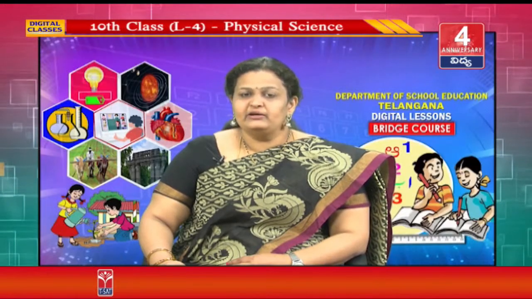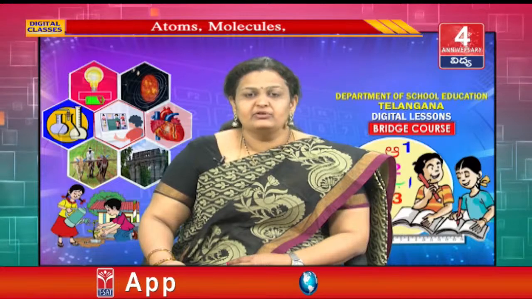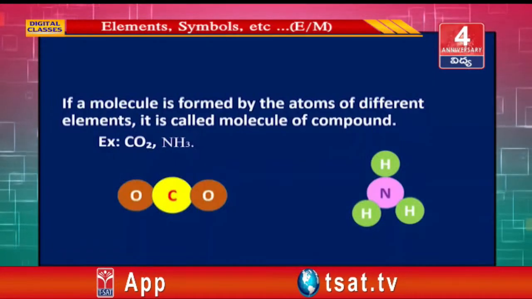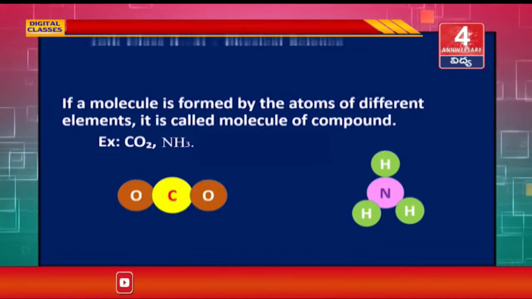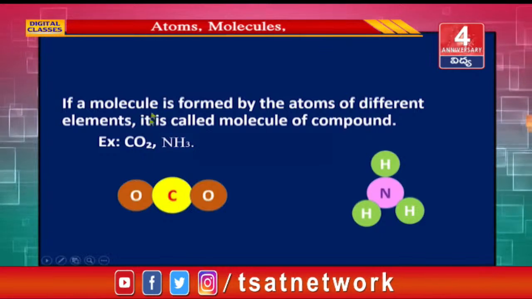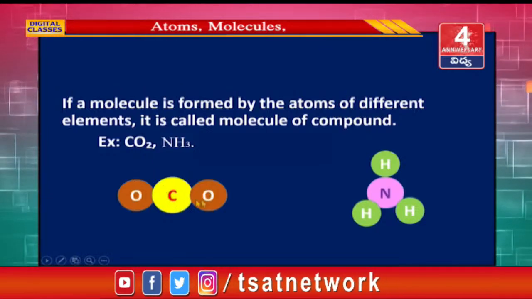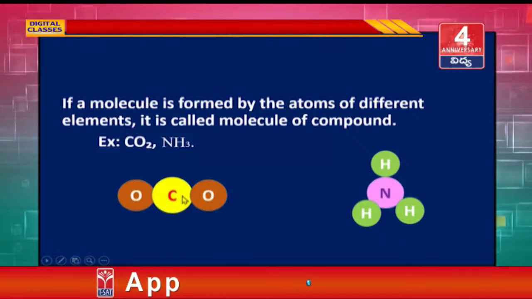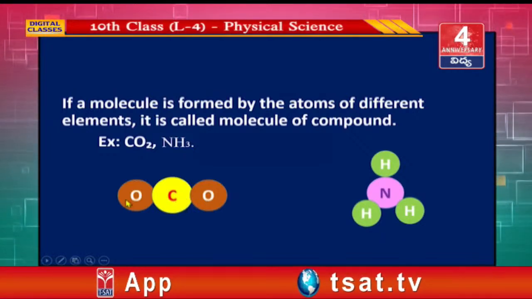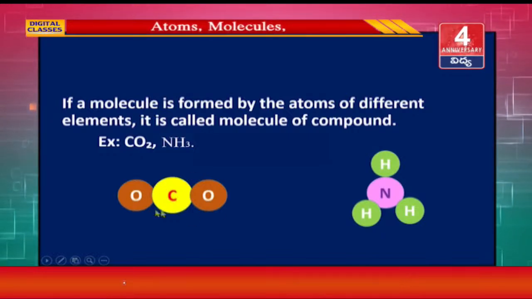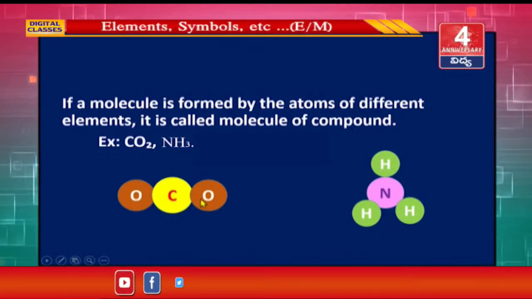What do we call it if the atoms are different? Let us see that, children. If a molecule is formed by the atoms of different elements, then it is called a molecule of a compound. Here the example of carbon dioxide can be taken. Carbon dioxide is formed by two different types of atoms, one of carbon and two of oxygen. They combine in a particular ratio to form this carbon dioxide gas. Right, children?